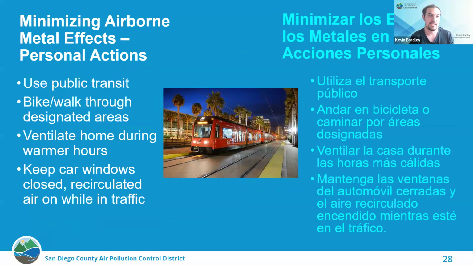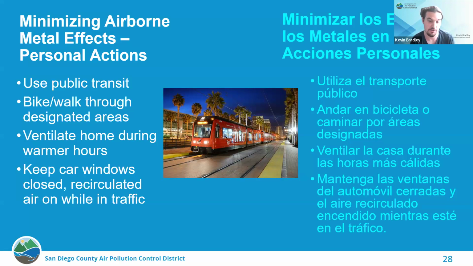So as far as your day-to-day actions that people can take, again, using public transit or biking and walking, if you're able to, can be great for reducing the amount of traffic. And part of the SERP is improving residents' access to things like this. So hopefully, as more and more projects go into place, we create neighborhoods where this is more feasible, where there are public transit options, bike lanes, good sidewalks, things like that.